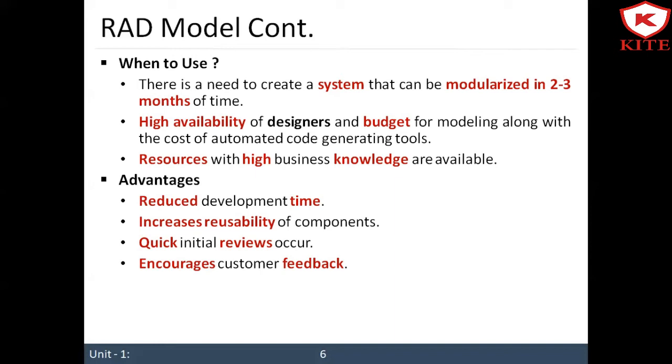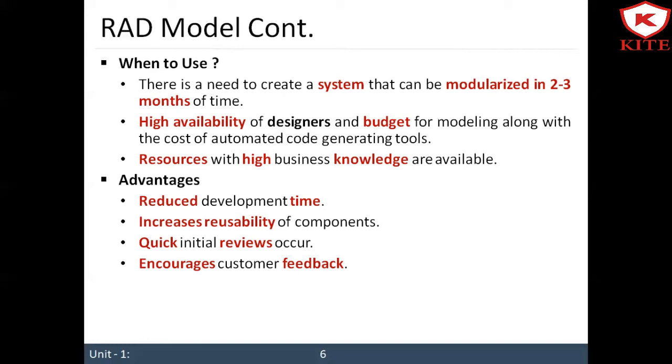Second, it increases reusability of components. As we know, in the construction activity we can use pre-existing code, so we can reuse the code for our construction activity.